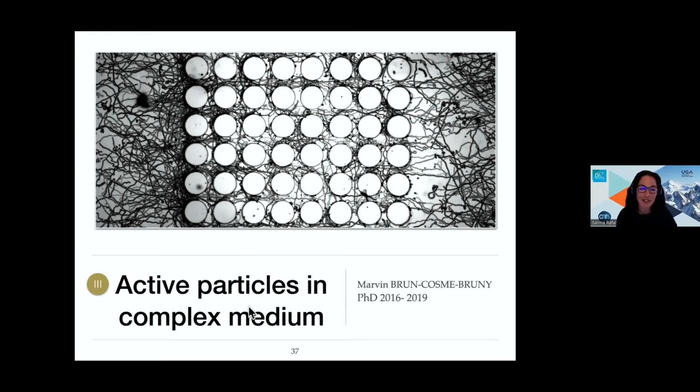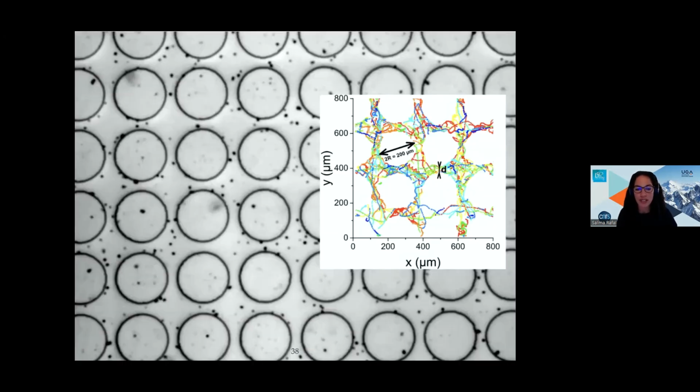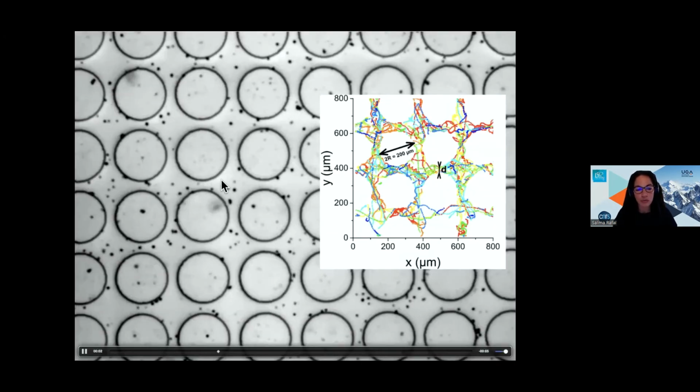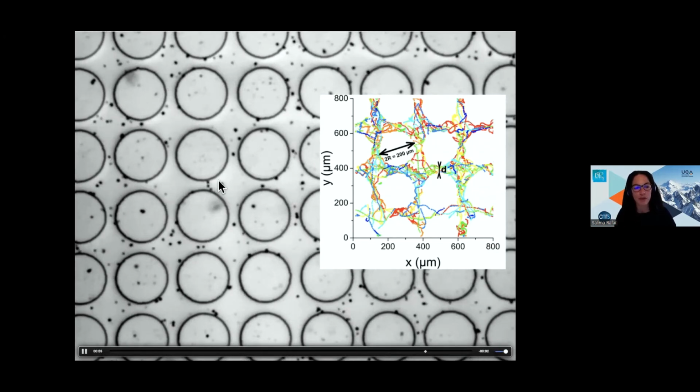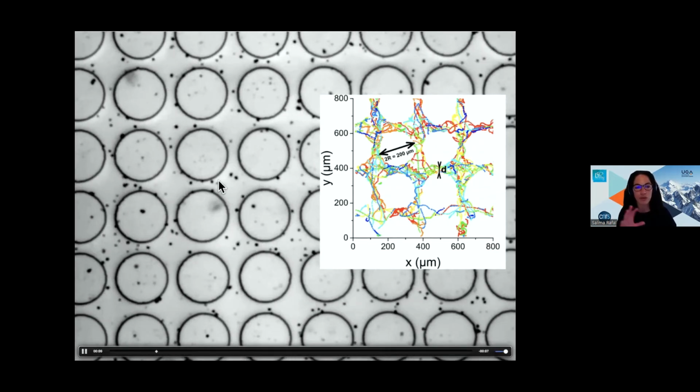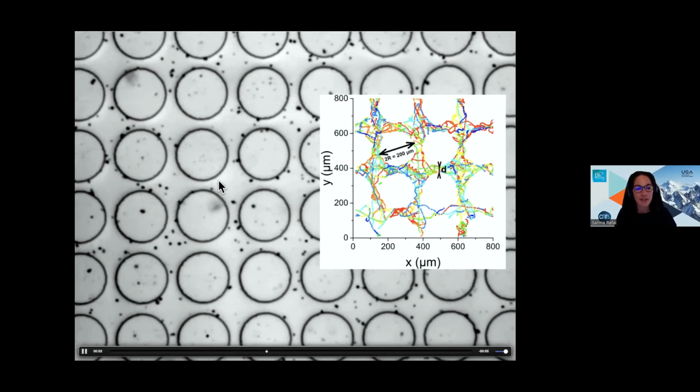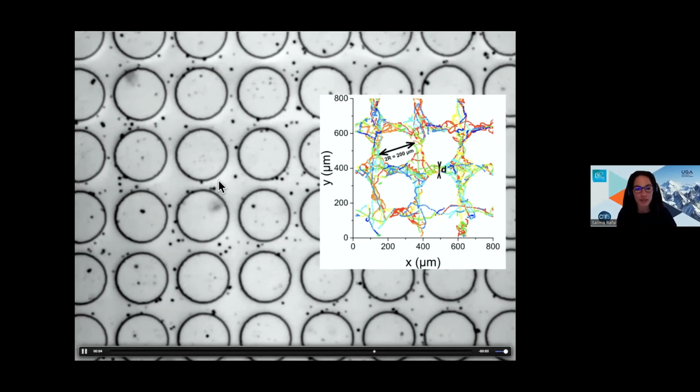But I will try to show you quickly how active particles behave in a complex medium. This was the PhD work of Marvin Brun-Cosmo-Bruni. The idea here is to look again with the same approach, which is the ensemble average of many trajectories.